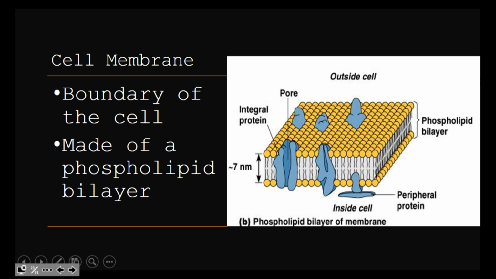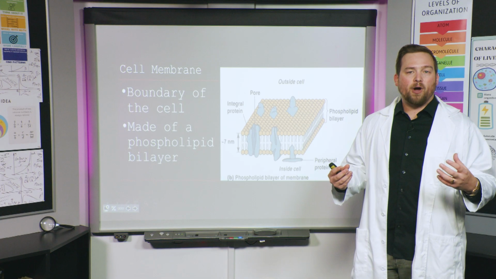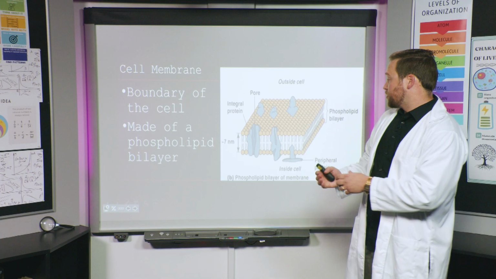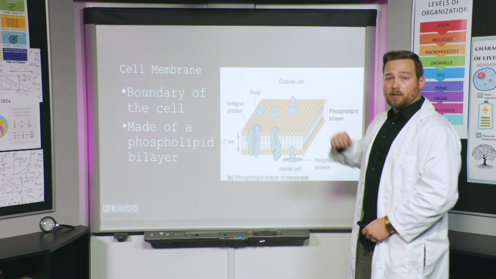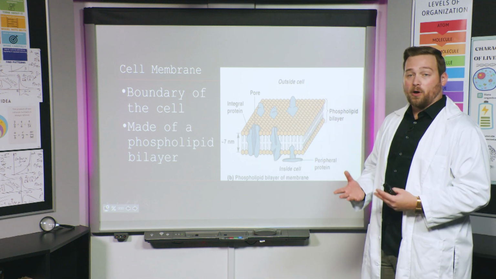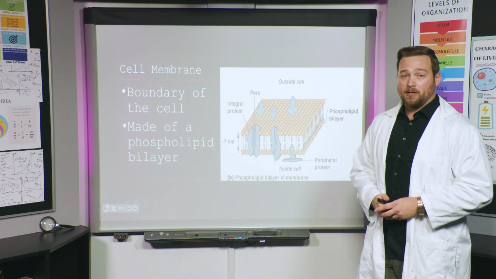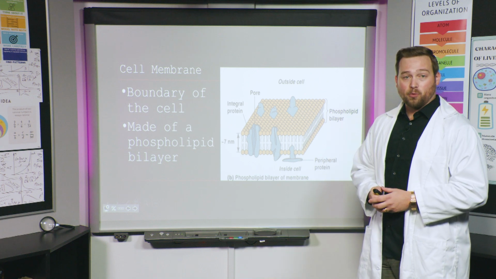You'll see one row of those little yellow circles and then another row of those little yellow circles. So that's 2 layers of a fat, and the fat is called phospholipid. You've probably seen this prefix bi before, so think of a bicycle, which has 2 wheels. The same way that a bicycle has 2 wheels, your cell membrane has 2 layers of a phospholipid. And we'll talk about these lipids in a little more detail as we move forward, okay?